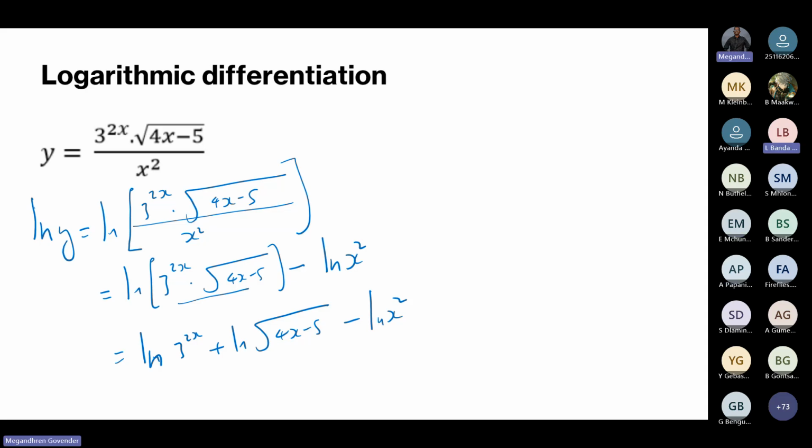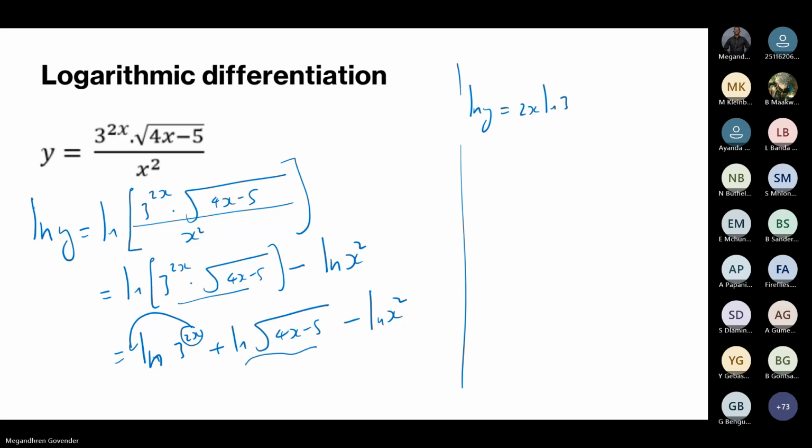So what we have then, if I write it here, you'll have ln y equals, now this 2x can come to the front. So you're going to have 2x ln 3. But this guy can be written, I'll take an extra line here, as 4x minus 5 raised to the power half. Is that correct? Yes.